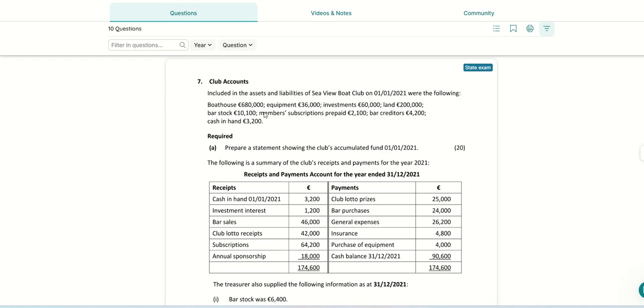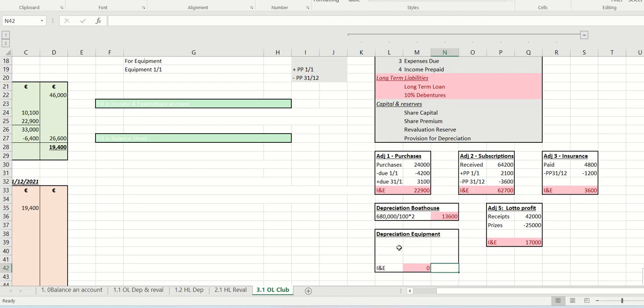So I'm going to start with my equipment at the start of the year. We had 36,000 in our assets at the start of the year. And then we got new equipment of 4,000. So we got a total equipment number of 40,000.